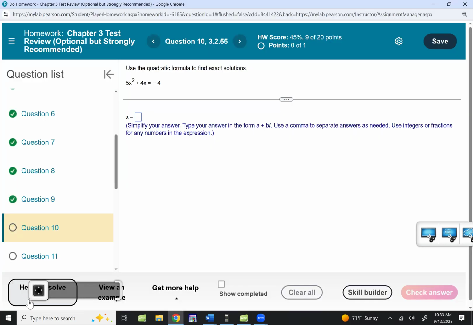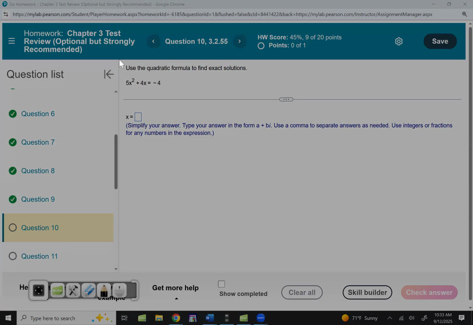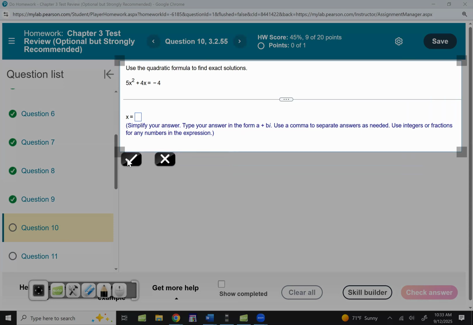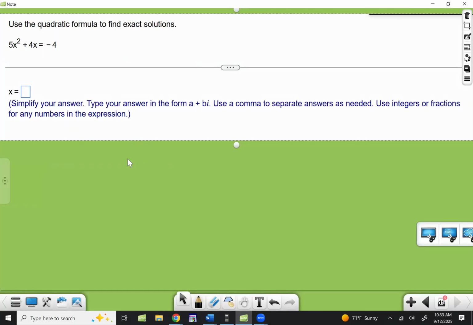All right, let's take a look at number 10. Use the quadratic formula to find exact solutions. Okay, so same directions. All right, so we're going to move that -4 over and make it a +4.